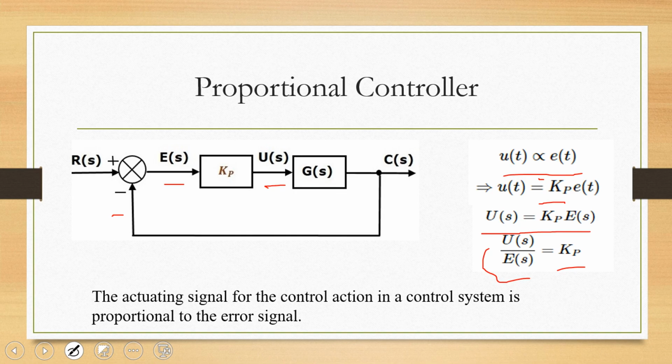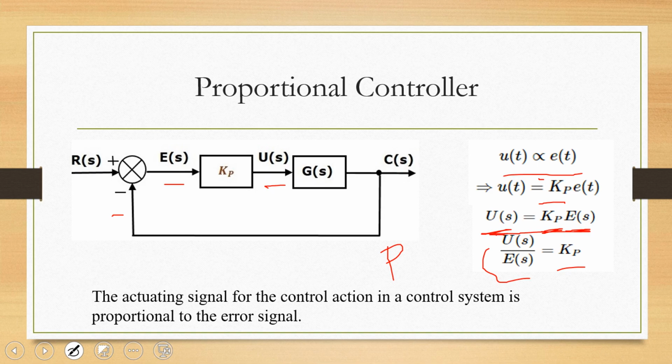So the proportional controller, that is the P controller, amplifies the error signal by an amount Kp. The error signal E of S is amplified by Kp, which gives us U of S, the control signal.